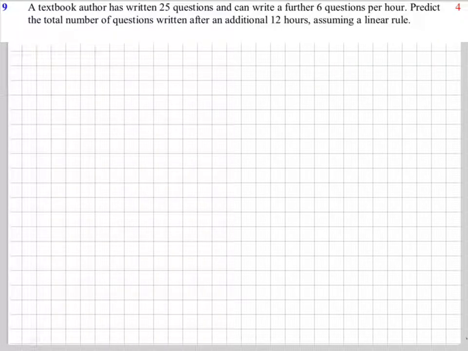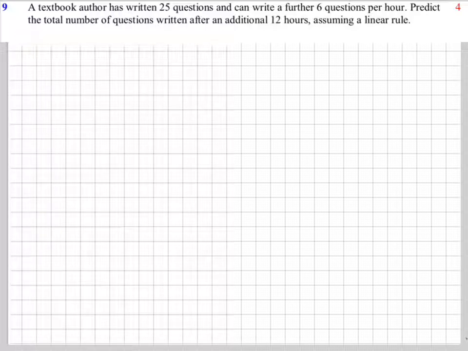Now we have this question where we have to make a rule from a particular scenario. A textbook author has written 25 questions and can write a further 6 questions per hour. So we know we've got a rate.